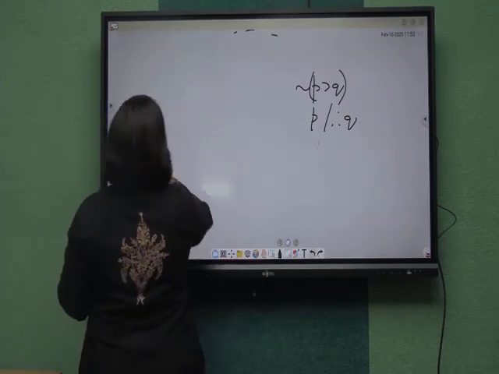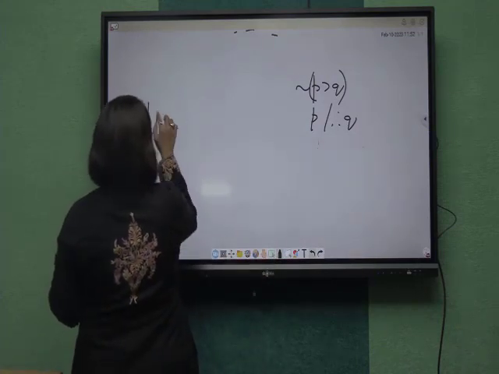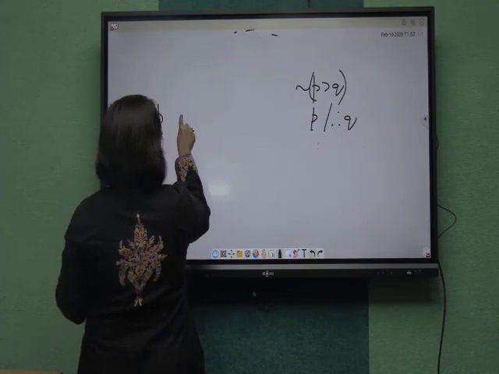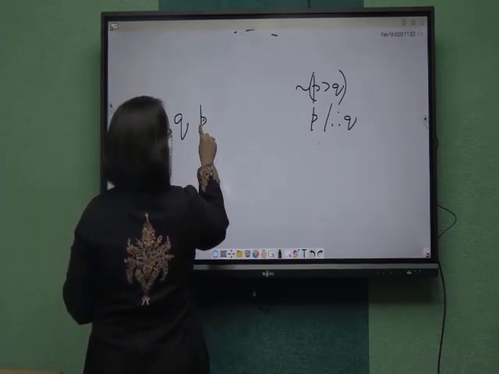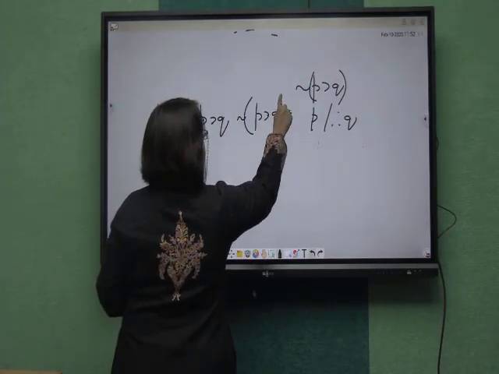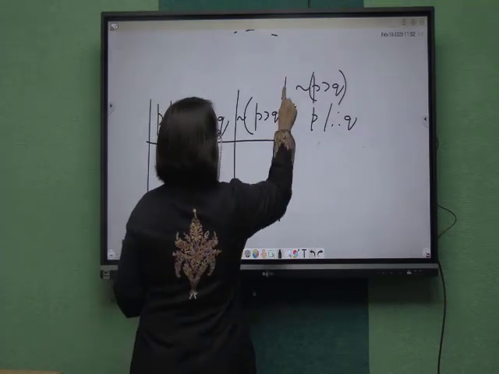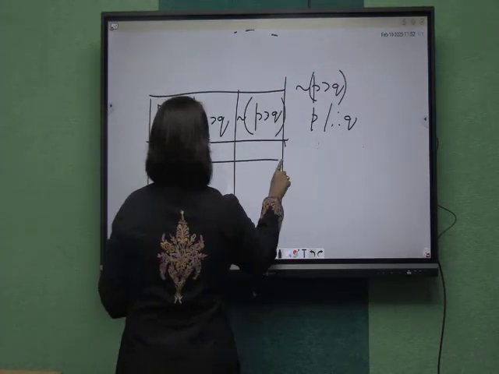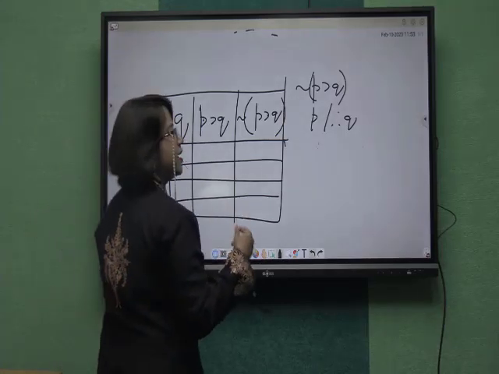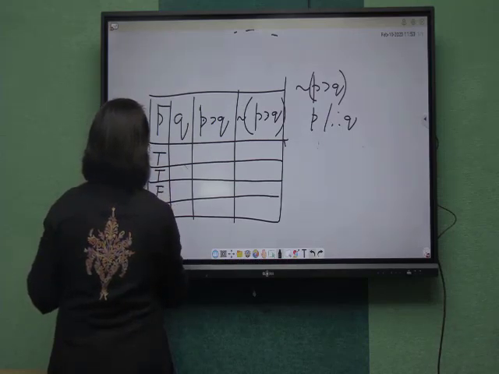We need P, Q, P implication Q, negation P implication Q. Since there are two variables, we'll have 4 rows again.